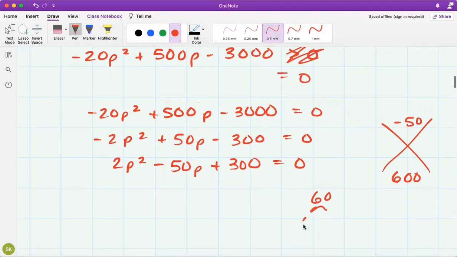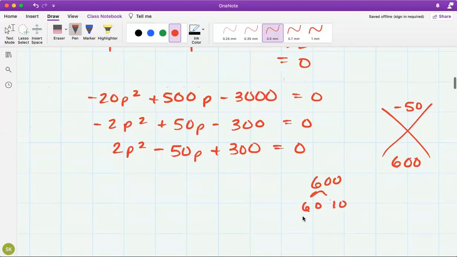600 is 60 times 10. Oh, and I think I've already found them, which is great. Maybe. No, wait. 60 plus 10 is 70, so that's not it. Let's see. This breaks into 6, 10, and 10.